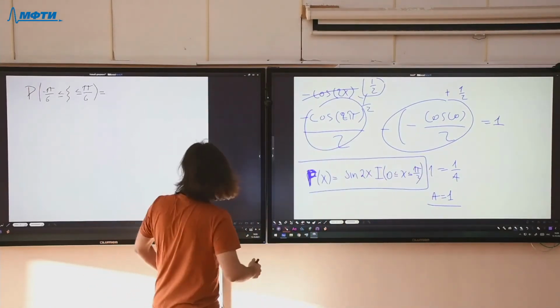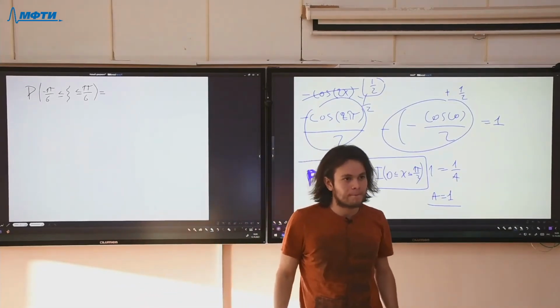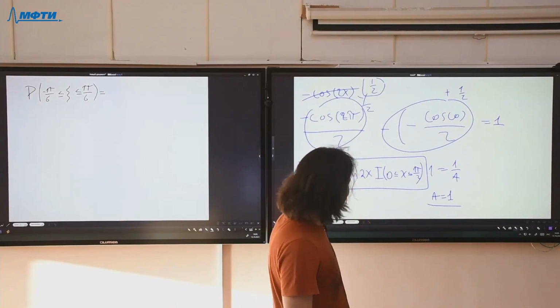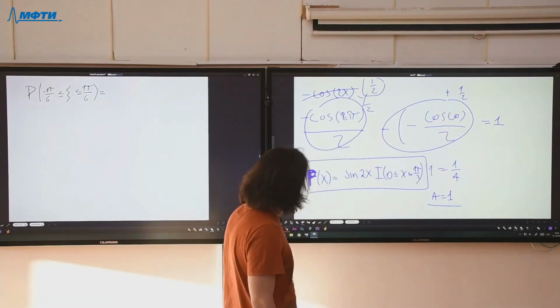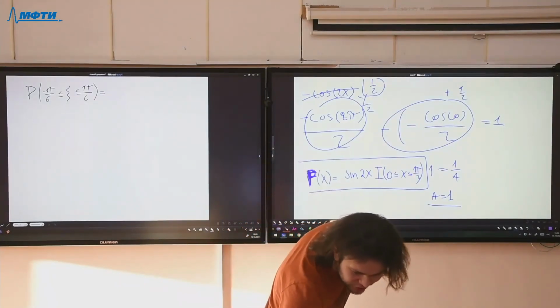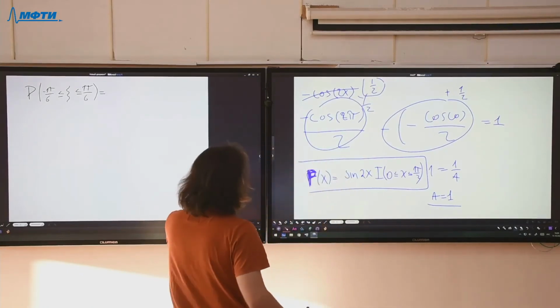So now, how do we find this probability then? Do we need the CDF? Let me see. Yeah, the CDF. Okay, how do we find the CDF?